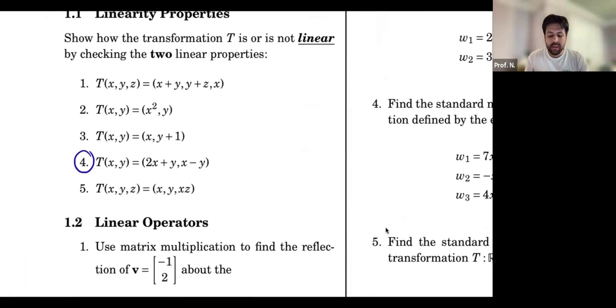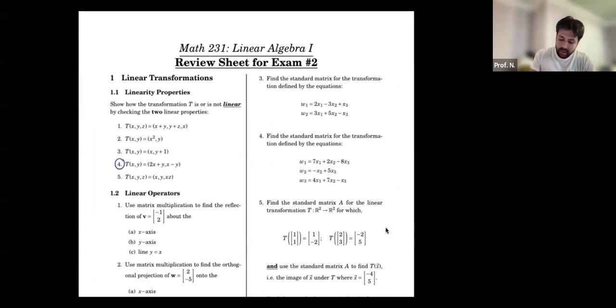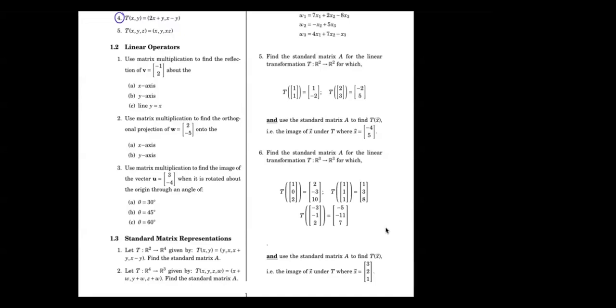So we're given the transformation here, but we don't know if it's linear or not. We have to check. So look at number four. So then how do we check? Let me ask you guys, how do you check? We have to check for addition and for multiplication, I think these two is good enough.